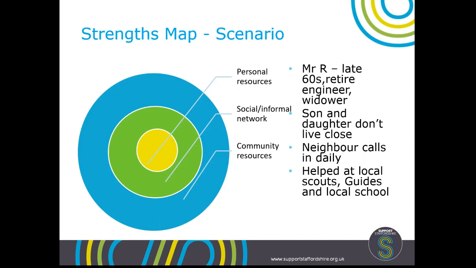Okay, so you should have all had a scenario and I'll just read it out briefly anyway, but there is a précis of it there about Mr. R. Mr. R's in his late 60s, living alone since the death of his wife. Mr. and Mrs. R had been married since they were both 18.